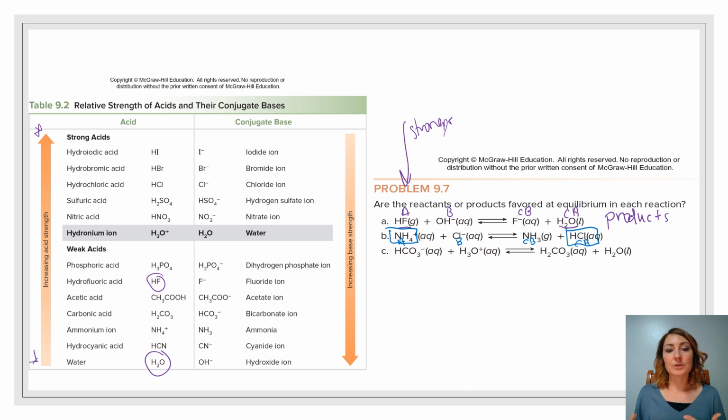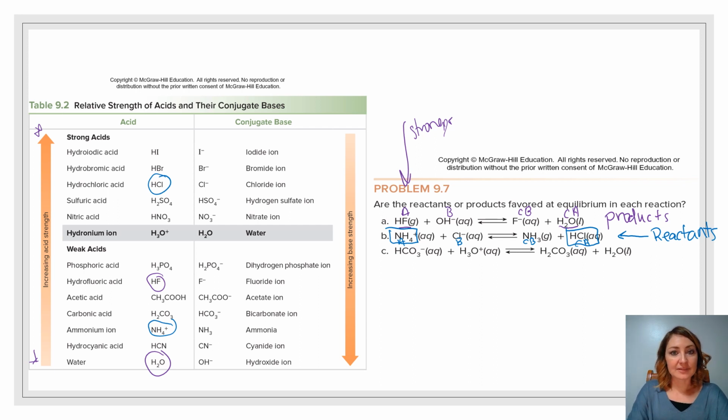We know the equilibrium is going to lie on the side of the weaker acid, so we go to our chart. Hydrochloric acid is here, and the ammonium ion is here. So our stronger acid is HCl. That means that our equilibrium is going to lie on the side of the weaker acid, or it's going to favor the reactants.